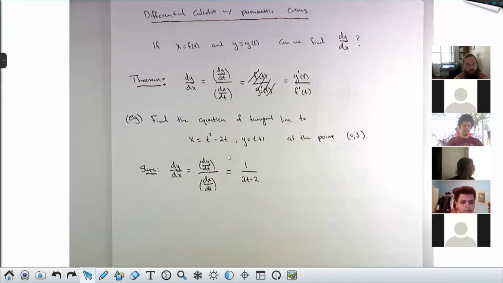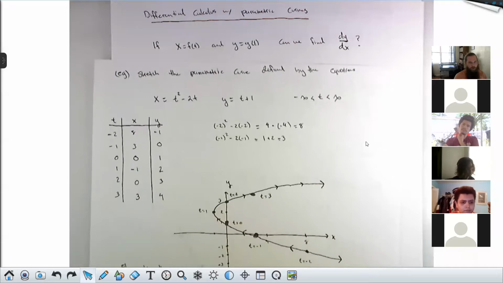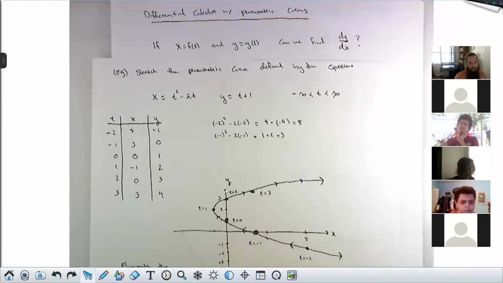Again, not as a function of x. So if I want to find the slope of the tangent line at the point 0, 3, I need to know what is the t value associated with that point. To remind you of this picture, here's our curve. The t value associated with the point 0, 3 was t equals 2. Right? 0, 3 came from t equals 2.